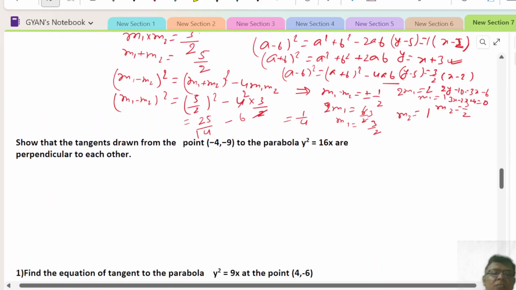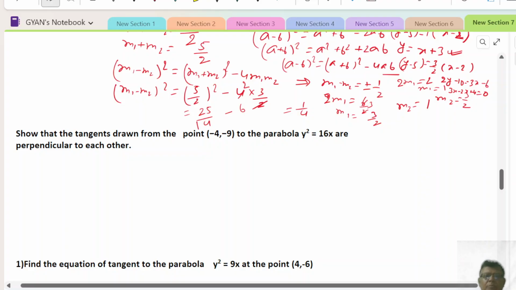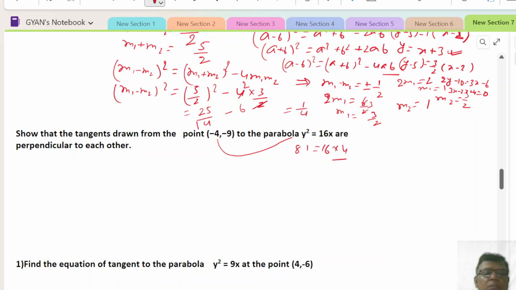The tangent drawn. So first you have to check whether the point satisfies this. 9 nines are 81 and 16. So this point is outside.